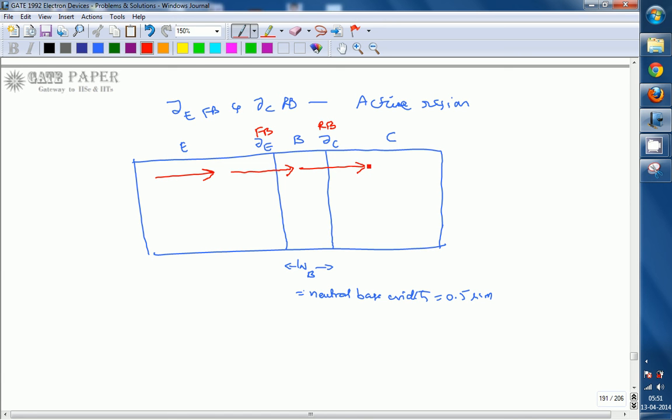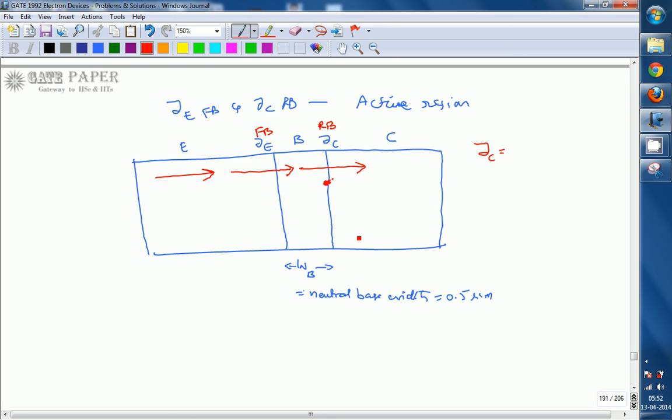So the number of charge carriers in the collector is approximately equal to the number of charge carriers emitted from the emitter. So we are going to calculate the collector current density, at this point, the starting point of the collector.